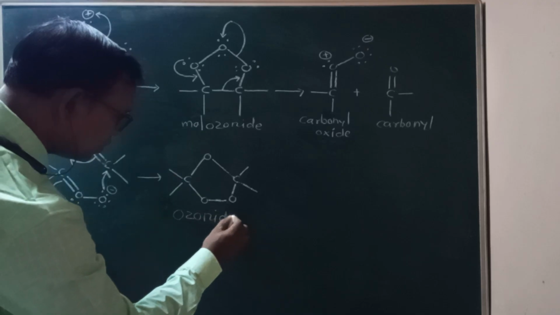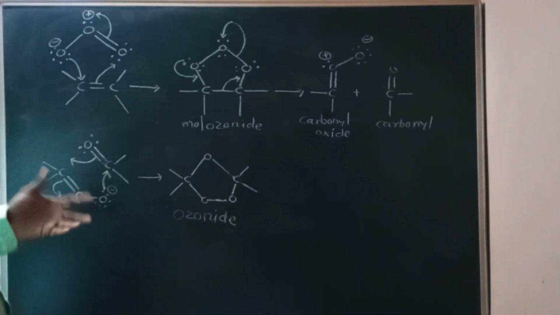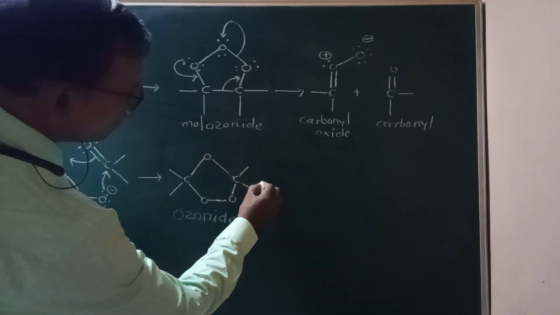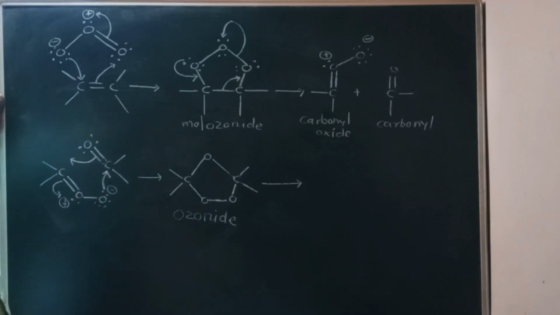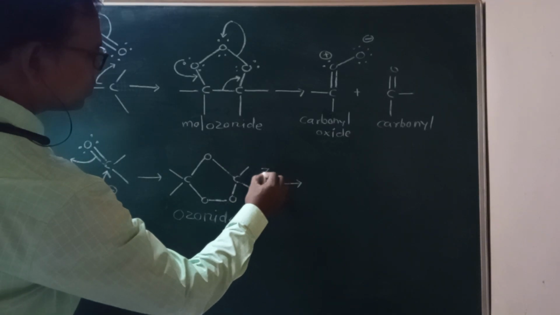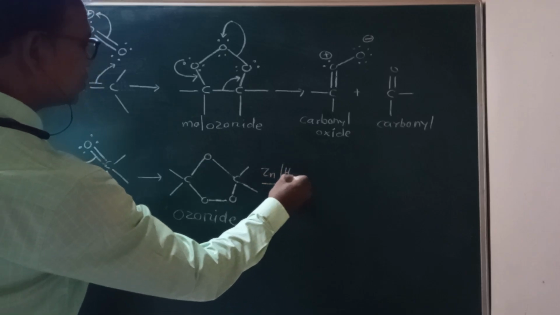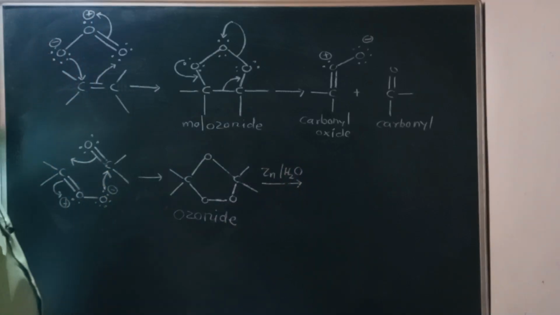And in the next step, you know that this ozonide undergoes any kind of cleavage, oxidative or reductive cleavage. So normally, in most cases, we use reductive cleavage. So I'm using here zinc as a mild reducing agent.